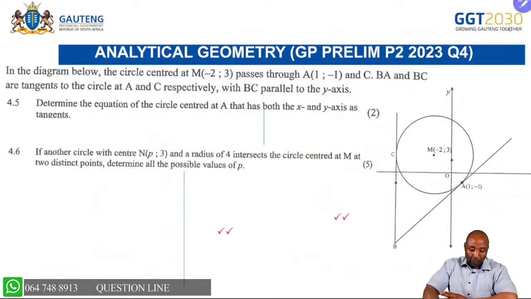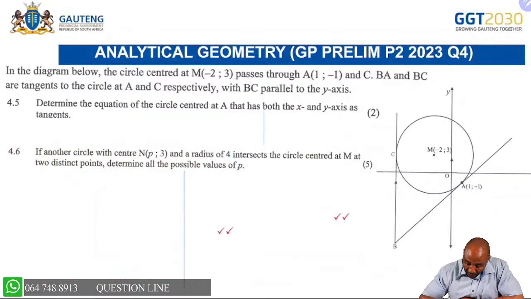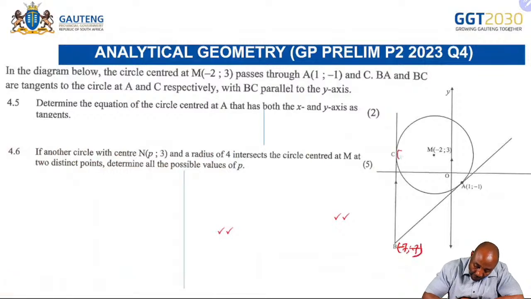We move on now to 4.5. If you check 4.5, I will add the information that I have here. -7, -7. C, we said it's -7 and +3.